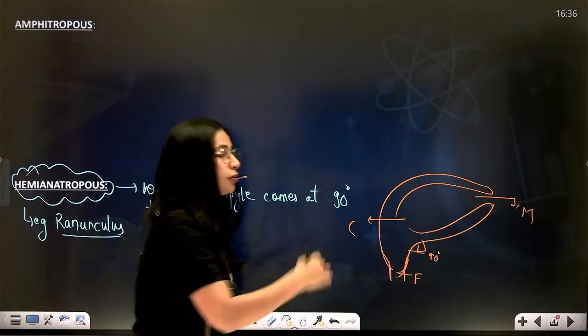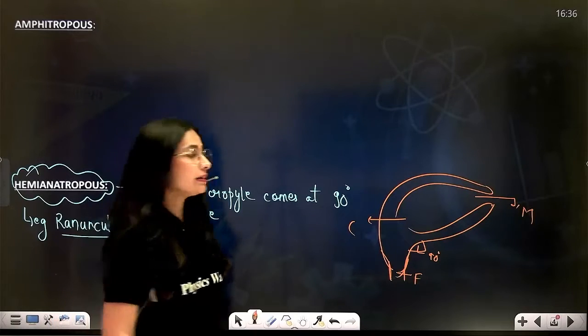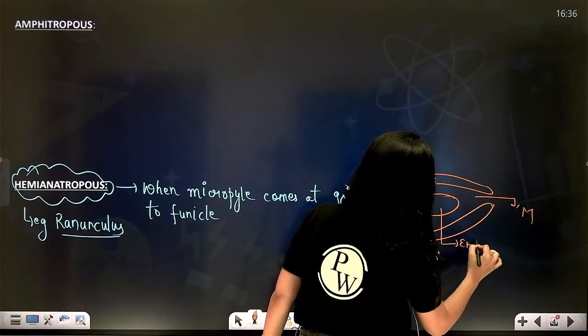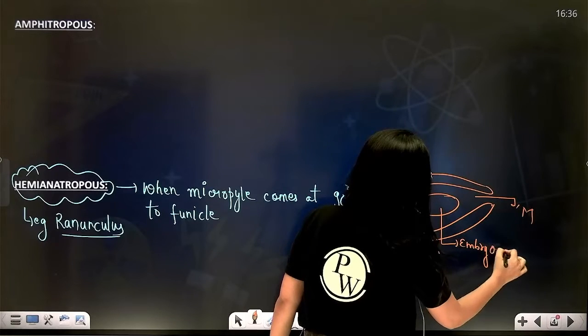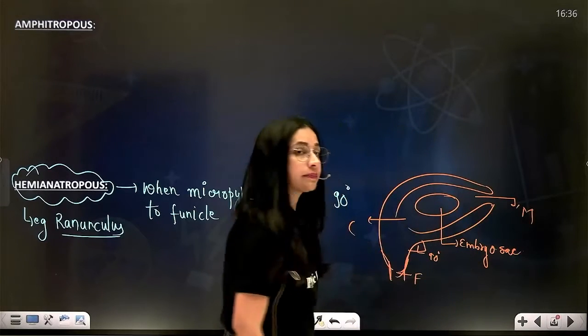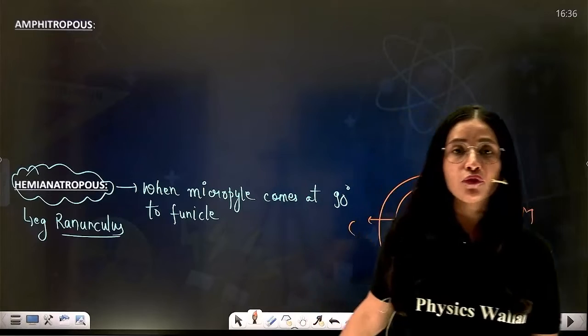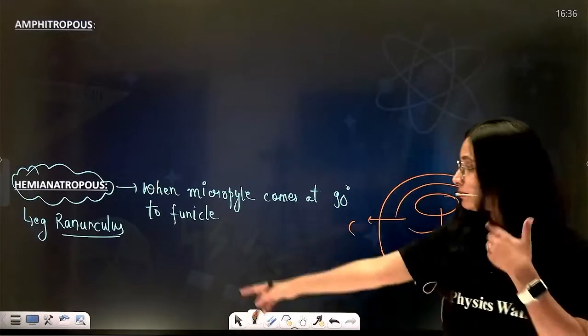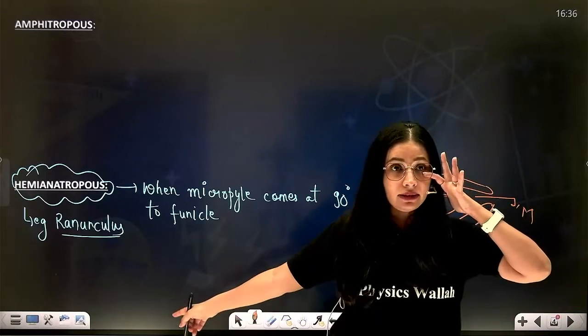Correct? Micropyle and funicle lie at 90 degrees, and here will be your embryo sac. The third type of ovule is hemianatropous, which is seen in primitive angiospermic families like Ranunculaceae.